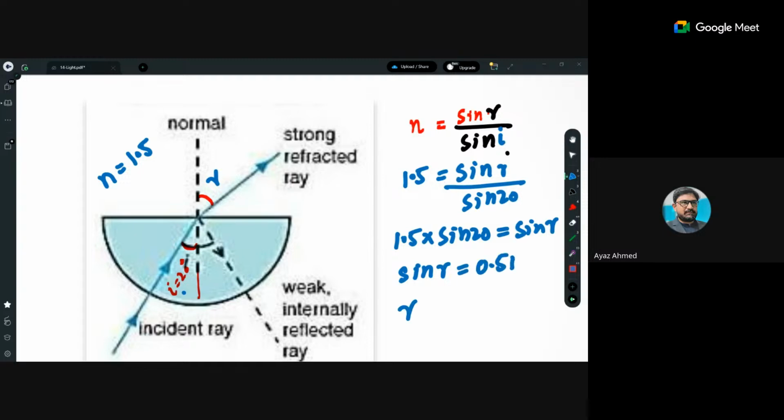R will be equal to sin inverse of 0.51. Is that right? How much are you getting? My answer is 30.86.